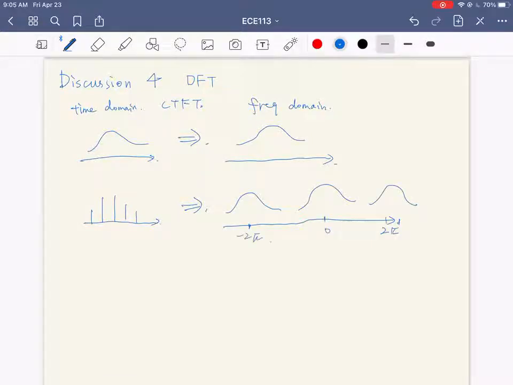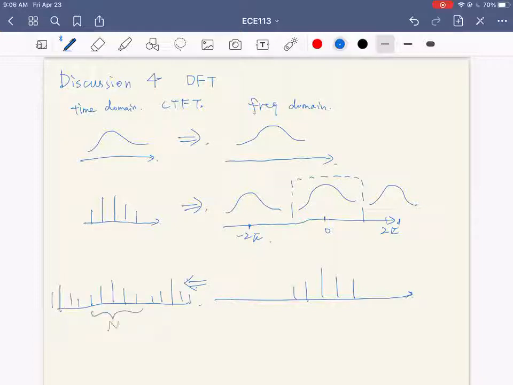Now, we want to sample it in the frequency domain. And back in the time domain, we get a periodic discrete time signal. And the period is N, while the interval in the frequency domain is 2 pi over N. And this is how we develop this concept, all right?